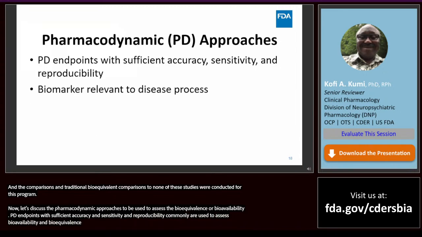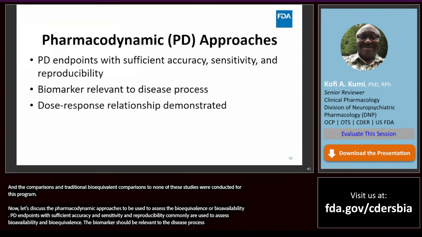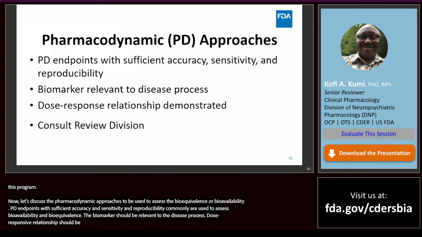The biomarker selected should be relevant to the disease process. Dose-response relationships should be demonstrated, and it is always advisable to consult with the review division.